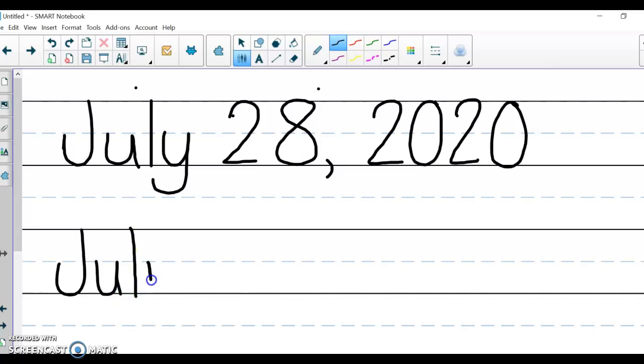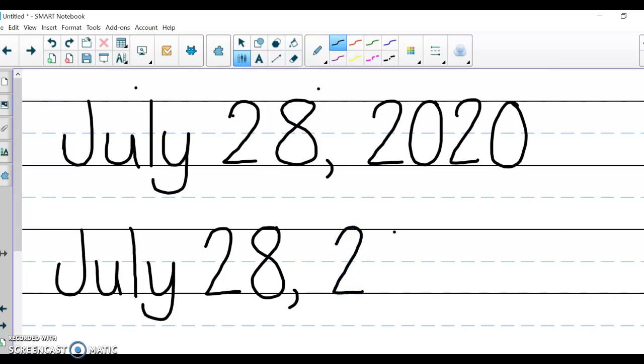Remember, the first letter of the month is an uppercase letter and the rest of the letters are lowercase because it's a proper noun. We're going to write the date. Remember, after the date is a comma. And then we're going to write the year. It is the year 2020, so everyone's year should be the same when we're writing this.